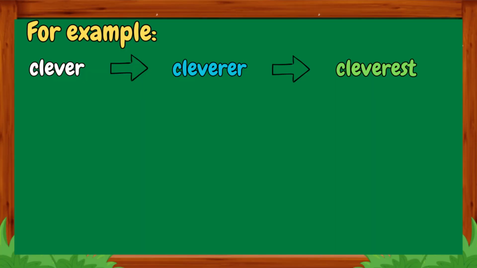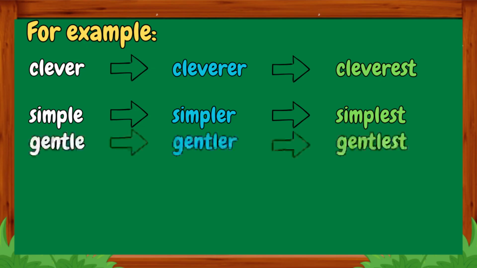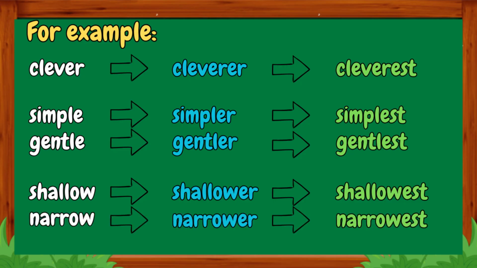Clever, cleverer, cleverest. Simple, simpler, simplest. Gentle, gentler, gentlest. Shallow, shallower, shallowest. And narrow, narrower, narrowest. Okay, so that's the two syllables ending with those letters. Let's move on to the next one.